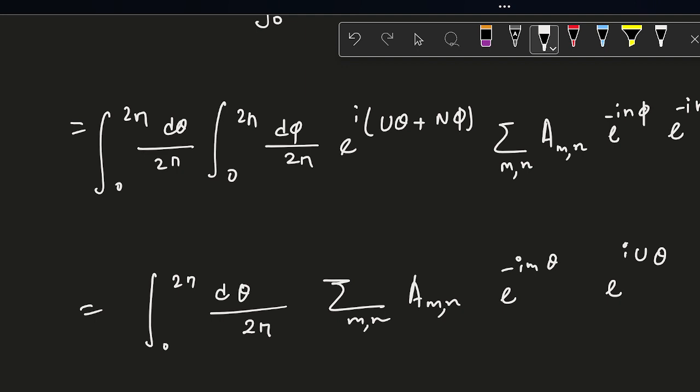It is d phi by 2 pi, phi from 0 to 2 pi. Then we take out these two terms, e to the power of i capital N phi and e to the power of minus i small n phi. So we'll write e to the power of i (capital N phi minus small n phi), and this is our whole expression that we have obtained, and this is nothing but our Kronecker delta definition.